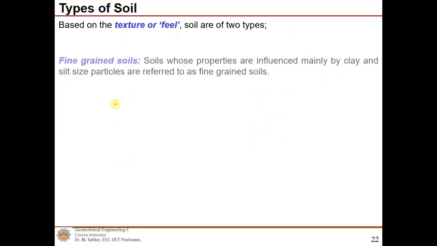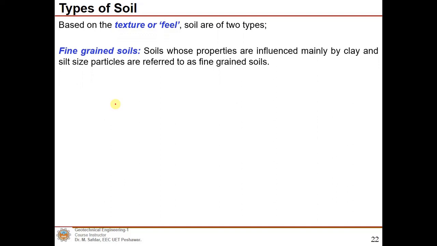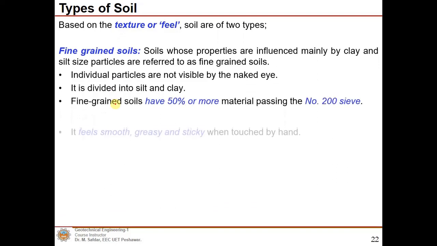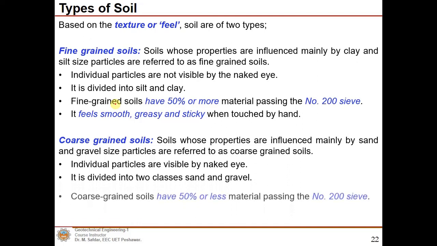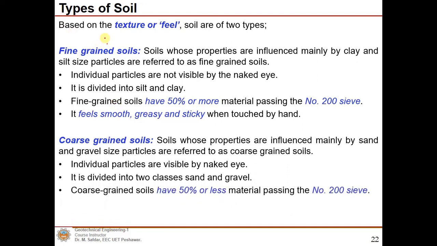Types of soil based upon the texture or the appearance or the feel, we can simply divide into two types. For example, fine grained soils and coarse grained soils. The soils whose properties are influenced mainly by clay and silt size particles are referred to as fine grained soils.